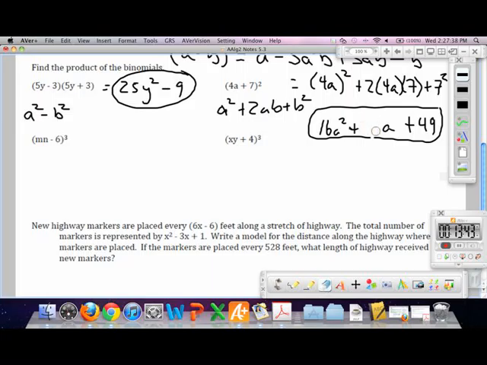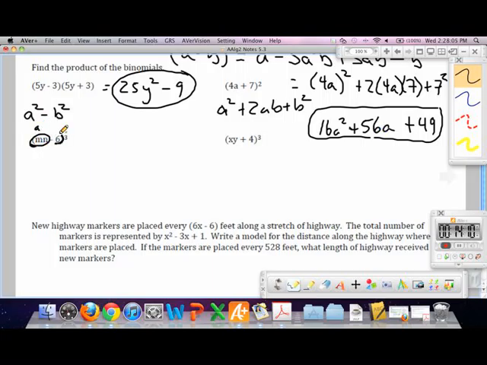You can use the cube of a difference here. That's A, that's B. So the pattern is A to the third minus 3a squared b plus 3ab squared minus b to the third.